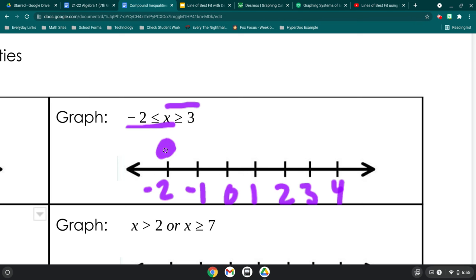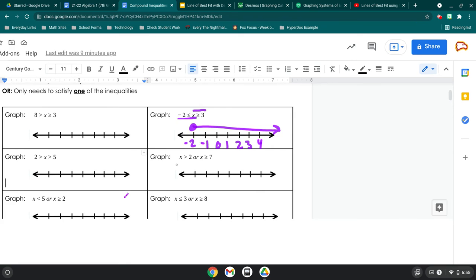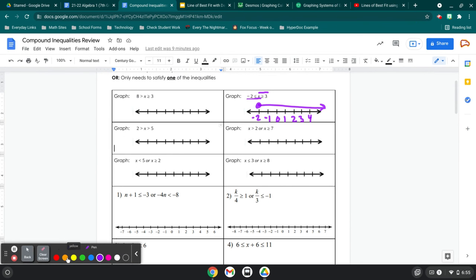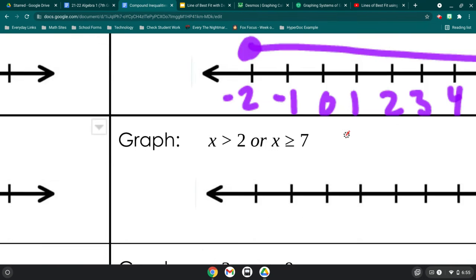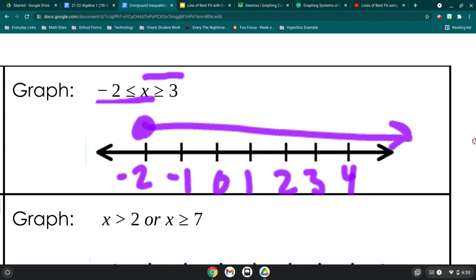And we need all of our values to be greater than or equal to -2. And I'm going to change my color so we can make a point here. Instead of graphing them separately and then together, we're just going to use two different colors for now, just to explore. And x has to be greater than or equal to 3. Now, this is an and, meaning that it has to satisfy both.